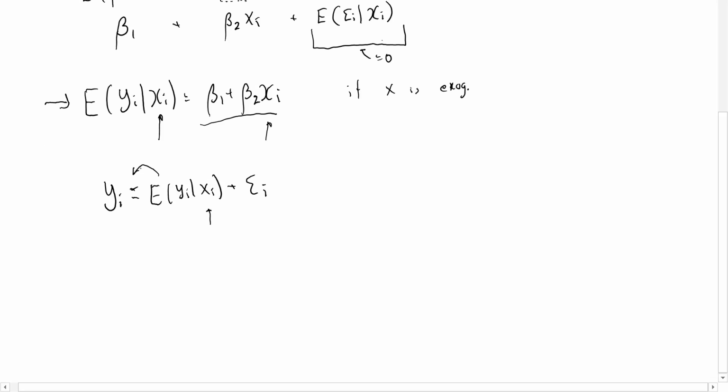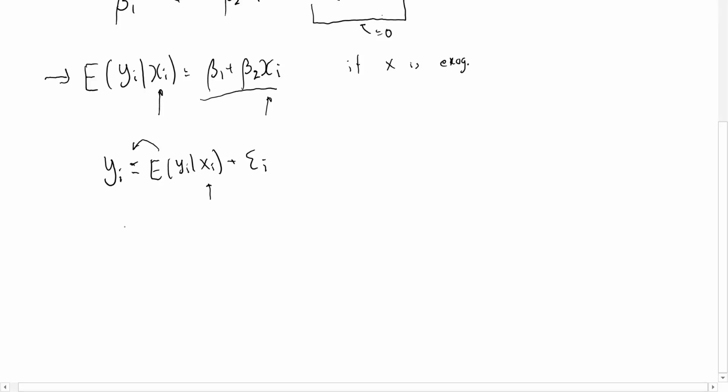If I move this term to the right hand side, we can actually see what the error term is in the case of exogeneity. So when the explanatory variable is exogenous, the error term is simply the difference between what we observe for yi and what we would expect to observe for yi. So in that sense, it indeed is really an error term: what we observe minus what we would expect to observe.